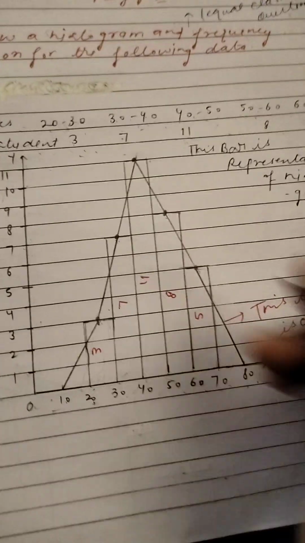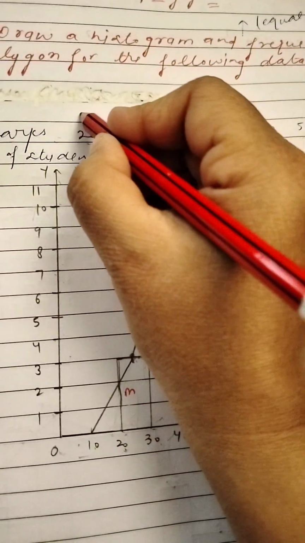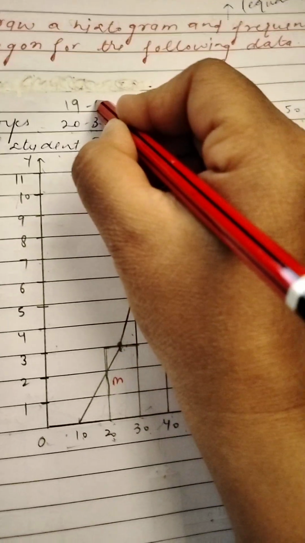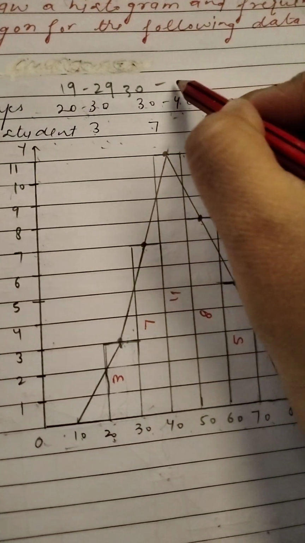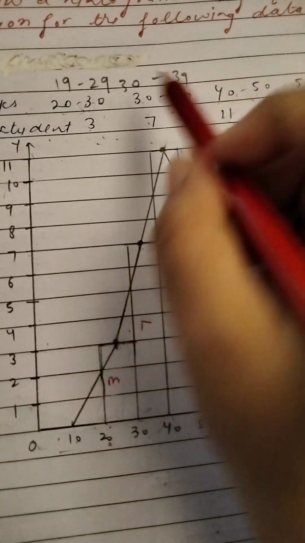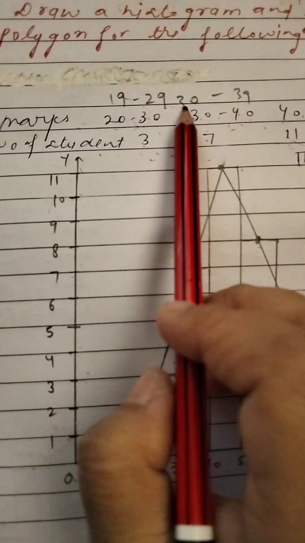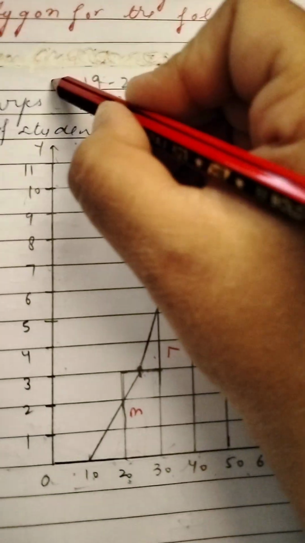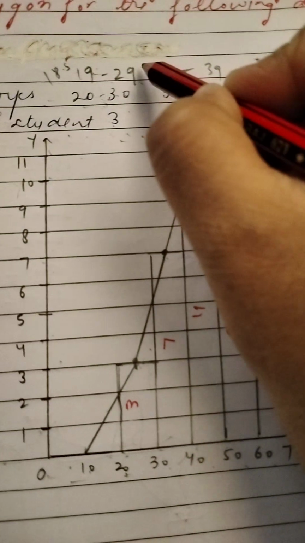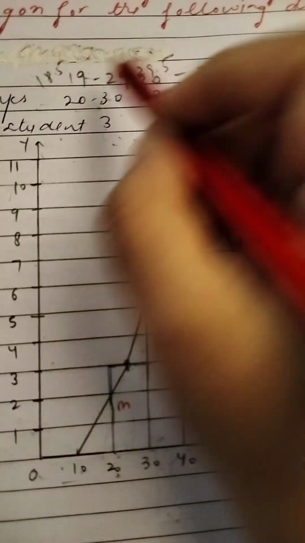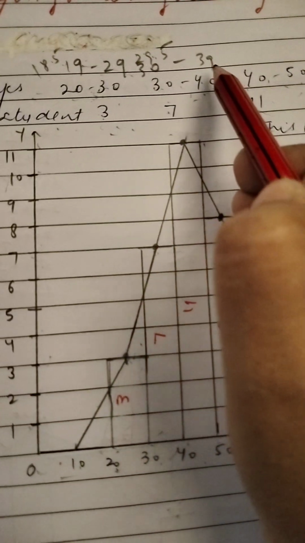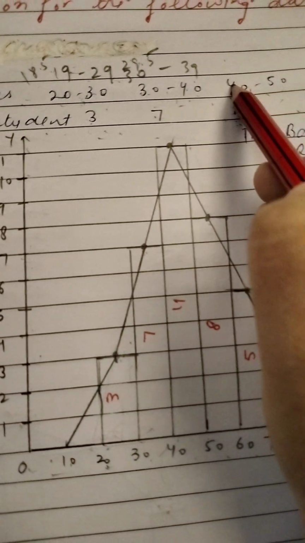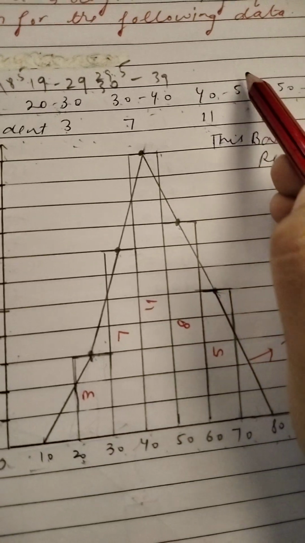Suppose the class is not equal. I have here 19, suppose I have here 20, I have here 29, I have here 30, and I have here 39. This is not continuous because there is a break. So how to start? You have to start from 18.5 to 29.5, 18.5 to 29.5, 29.5 to 39.5, 39.5 to 49.5.